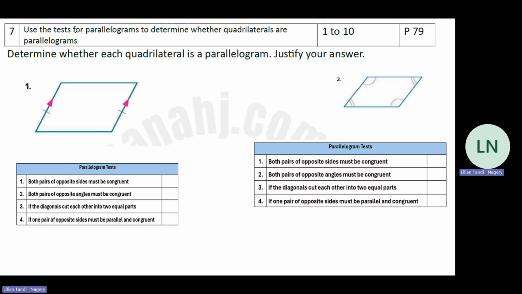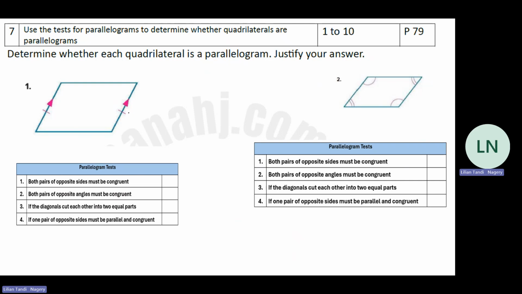Now here, we've been told to determine whether each quadrilateral is a parallelogram and justify your answer. So, for you to say parallelogram, you must do these tests. If you say star, you must say star only one time. If you say la, you must say la all the time for you to say no. Both pairs of opposite sides must be congruent.